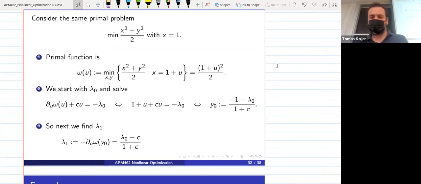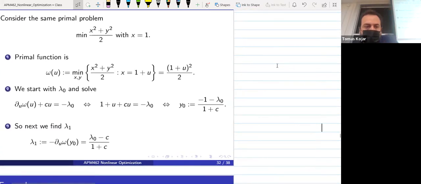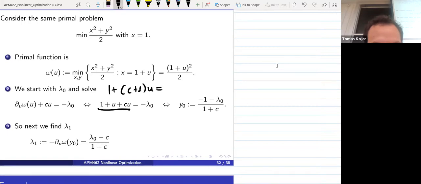I want to draw this picture. It's too confusing like this. You have this guy, which is basically a line. So this is the line 1 plus c plus 1 u equal to g of u. When u is 0, you get 1, and c plus 1 is big.